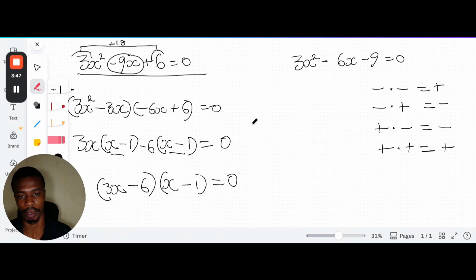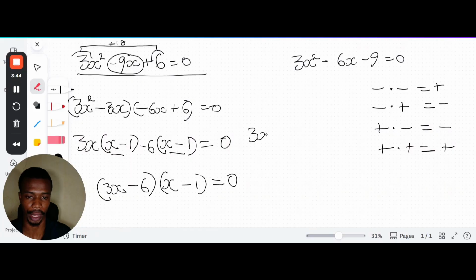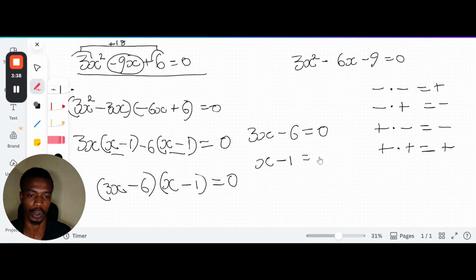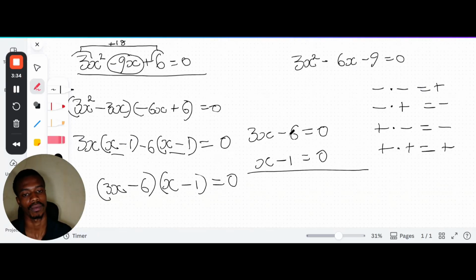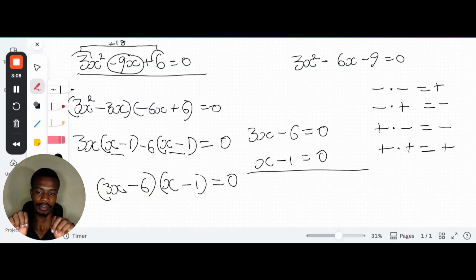Now, this basically means 3x minus 6 is equal to 0, and x minus 1 is also equal to 0. Now, if we have to bring this minus 6 over here, as I said before, whatever I add here, I must add here. Whatever I take away from here, I must take away from here for them to be equal. So, if I want to take minus 6 away from here, I need to add 6.